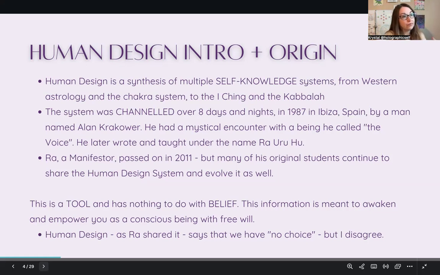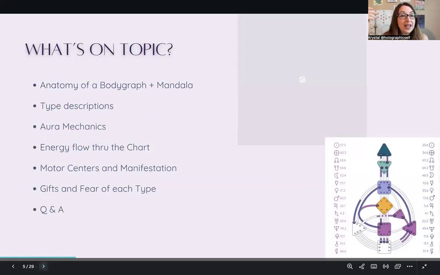One of the core tenets in human design is that we have no choice. This is a common phrase bandied around in the human design communities, and I do take issue with that. But I also acknowledge where and why and how it does have some validity and truth, so we're going to get into that. On topic for today, we're going to talk through the anatomy of a human design chart.